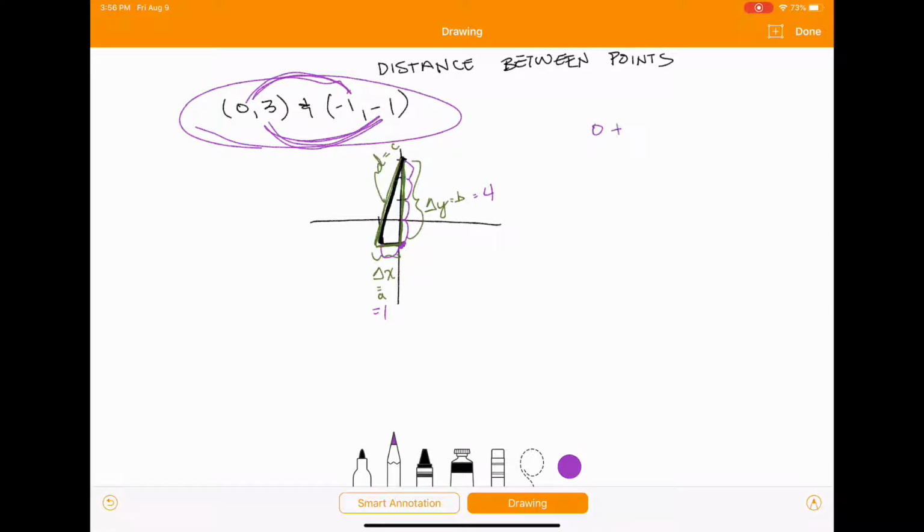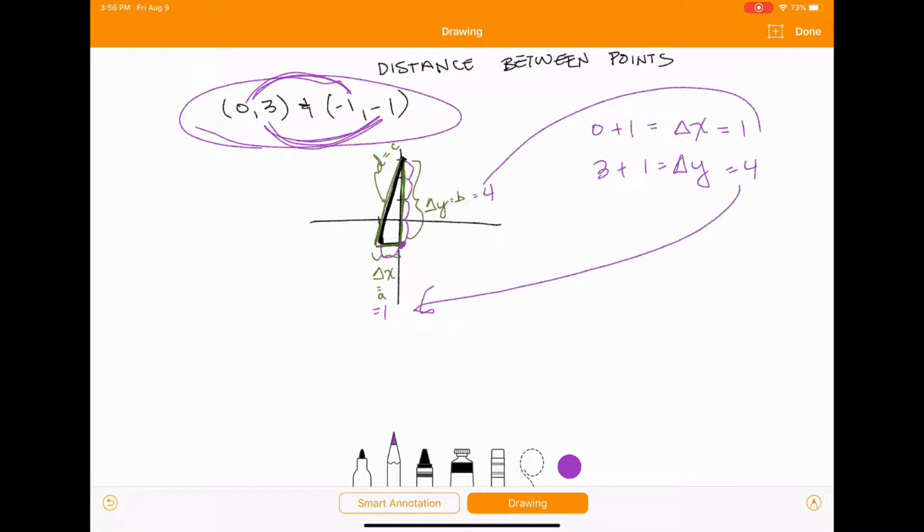So it's going to be 0 plus 1 is going to be equal to your delta x. And then 3 plus 1 is going to be your delta y. So as you can see, delta x equals 1, delta y equals 4, which is exactly what we got down here when we counted them. So either way, whichever works for you, whatever you understand.